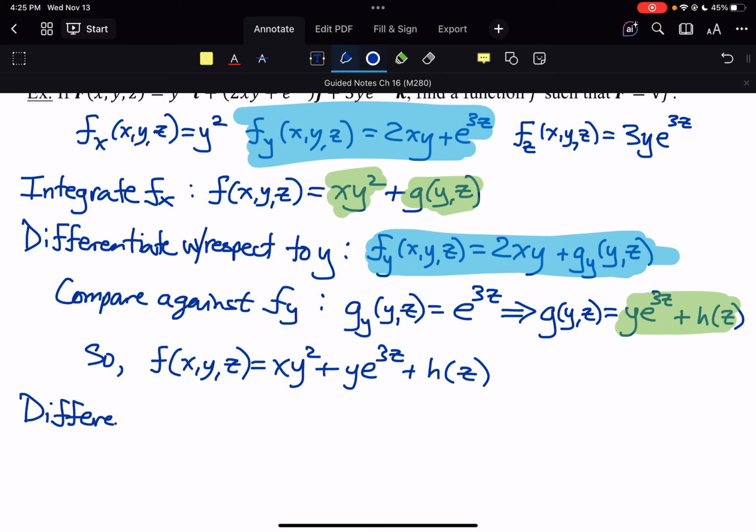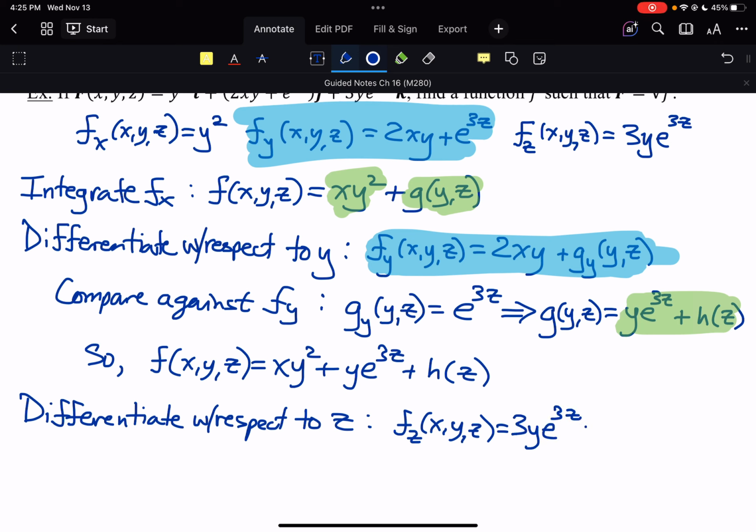Okay, so now's the time when we start repeating ourselves. So we get fz. First component becomes nothing. Second one, we get 3y e to the 3z plus h prime of z. And now we compare fz back up here to fz down here. 3y e to the 3z plus h prime of z plus nothing back up here.